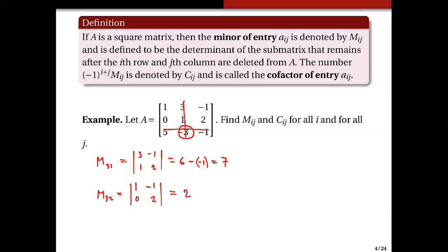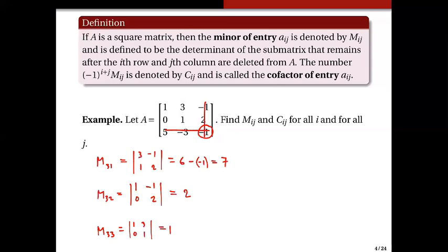And for M33, this is the 33 entry, third row deleted, third column also deleted. So we only have the determinant of 1, 3, 0, 1, and this is equal to 1.